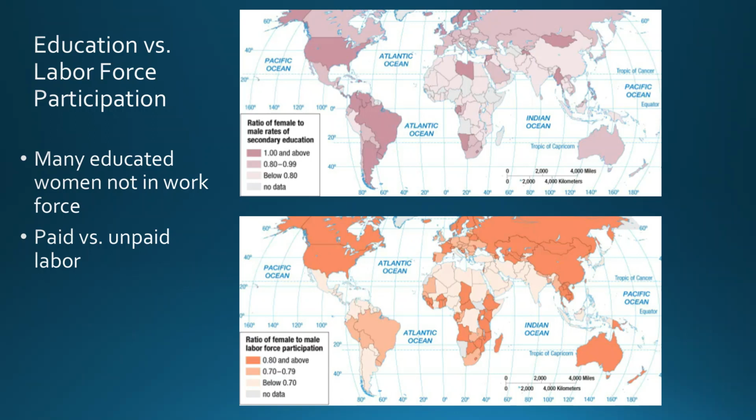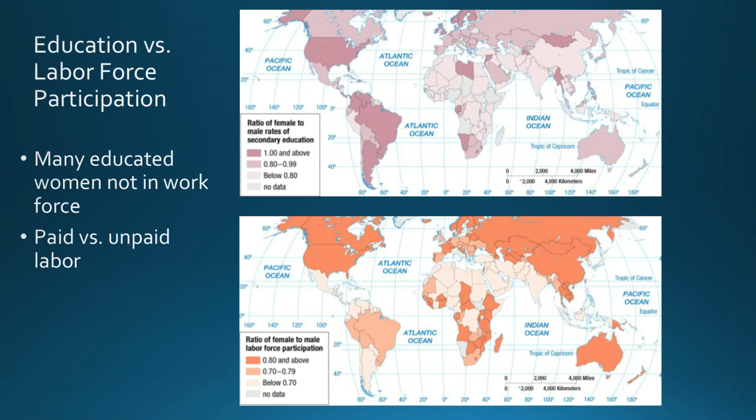So if I am married and I have 2 children, and I decide when those children are small to stay home with them as opposed to going to the workforce, I am taking care of childcare, whereas if I'm going to work, somebody else has to be paid for that childcare during the day.